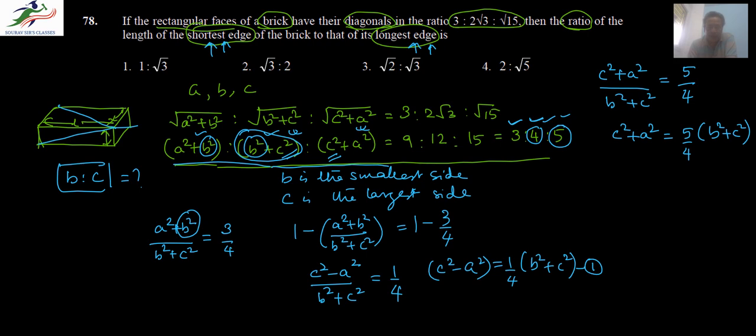Note that C square plus A square gives the term 5, and B square plus C square gives the term 4. So C square plus A square is equal to 5 by 4 into B square plus C square. So this is my second equation.